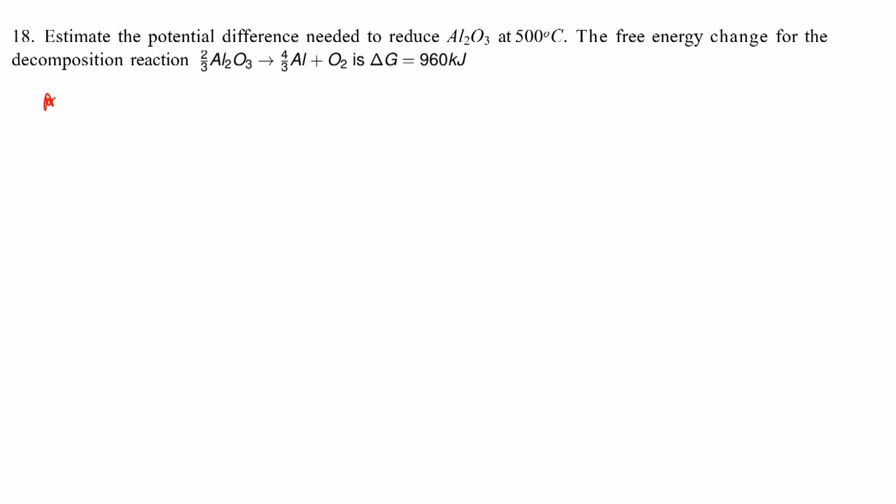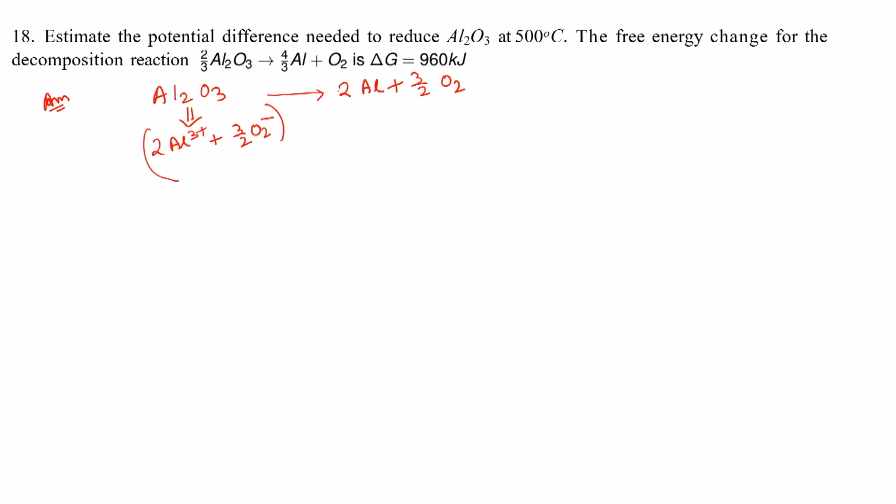So Al2O3 is nothing but 2Al3+ plus 3 by 2 O2 minus. So when it decomposes, it gives 2Al plus 3 by 2 O2.